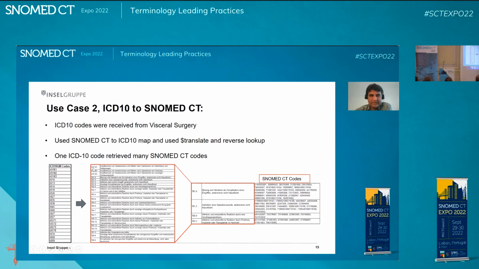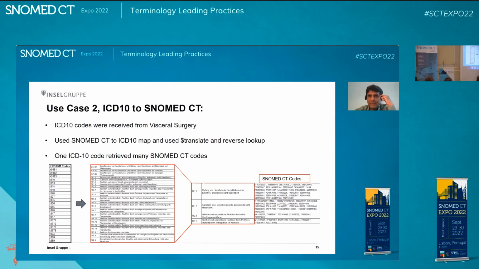So the first task was changing from the raw ICD codes to clean ICD-10 codes, with not only the codes but also their definitions. Then we queried the Snowstorm web service to retrieve the associated SNOMED CT concepts. On the right side, you can see that one code, for example D81.0, retrieved so many SNOMED codes.